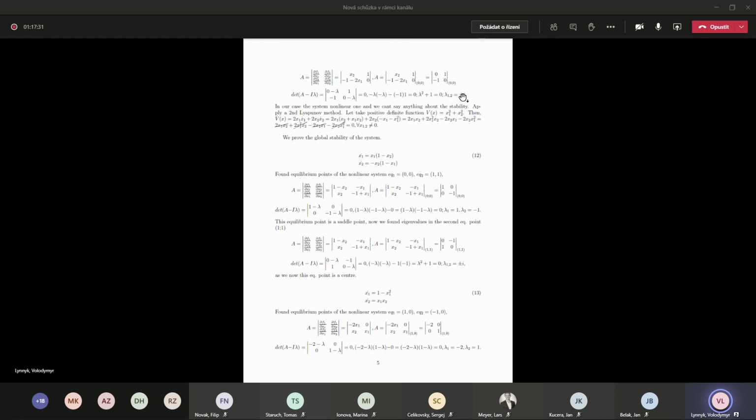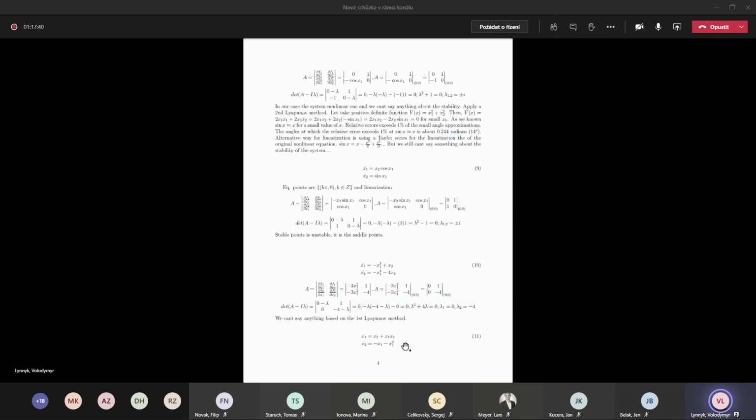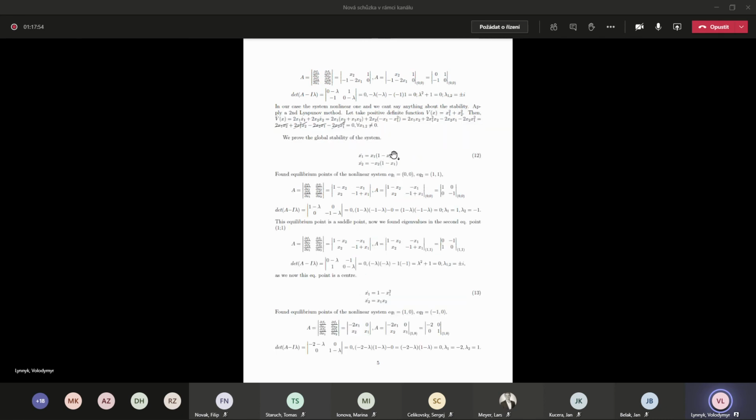Yeah, it's plus minus j, the same problem, because in our case this system is nonlinear, and when we apply the first Lyapunov method, we can't say anything about the stability of this system in this point. Okay, and we need to apply the second Lyapunov method.